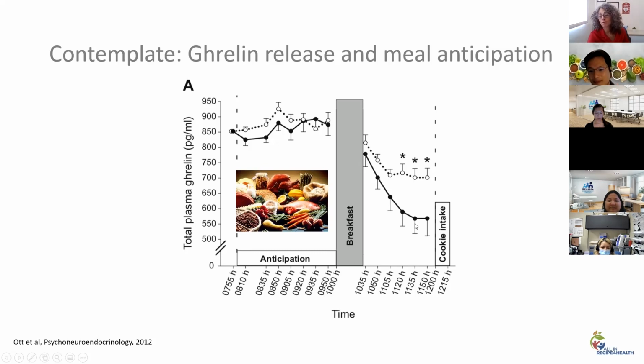With the group who thought they were going to be fasting, even though they ate the exact same amount and had the exact same breakfast, their ghrelin stayed high, much higher. And so what this shows us is the anticipation of the food is as important for controlling our digestive hormones as is the actual sensual experience of the food and the physical experience of the food in our gut.